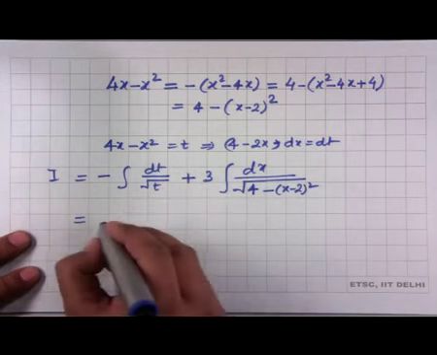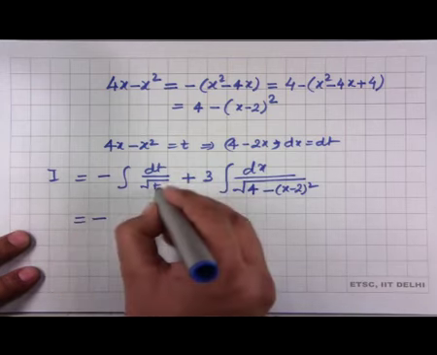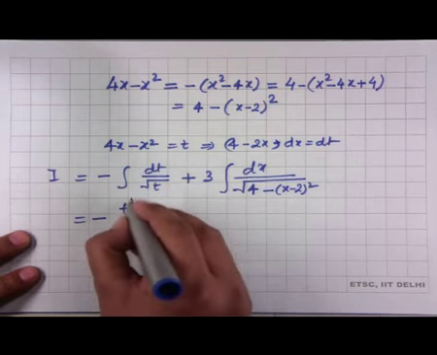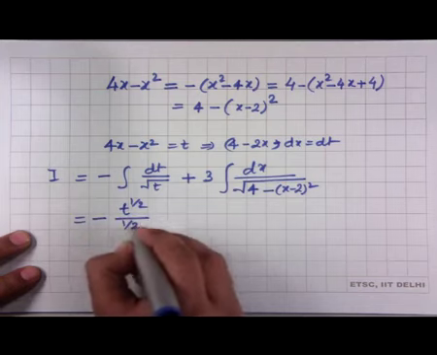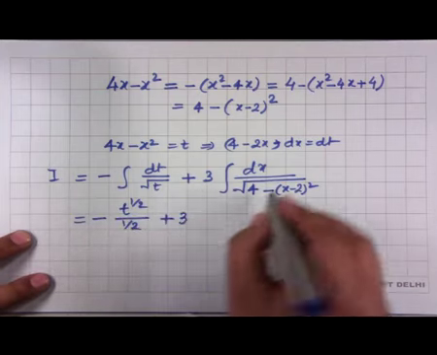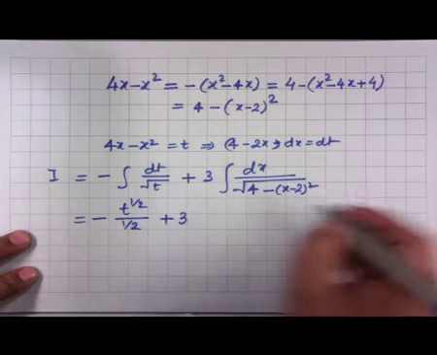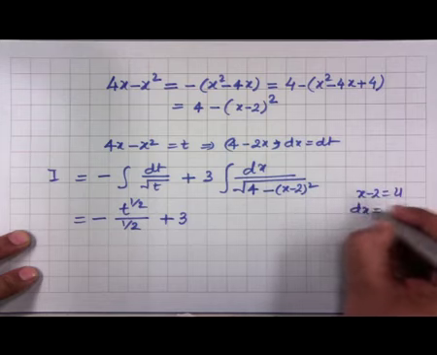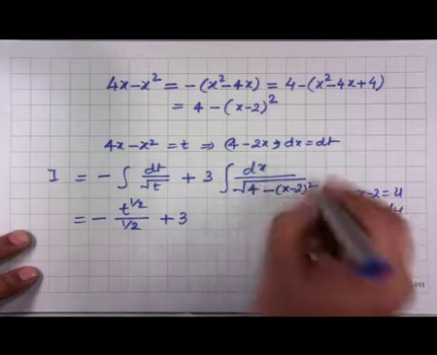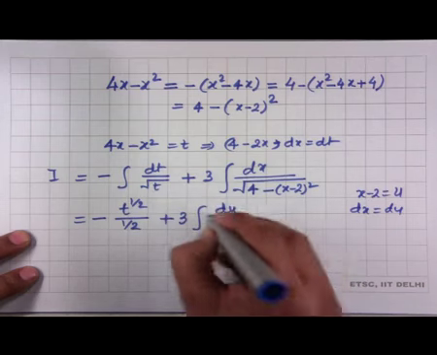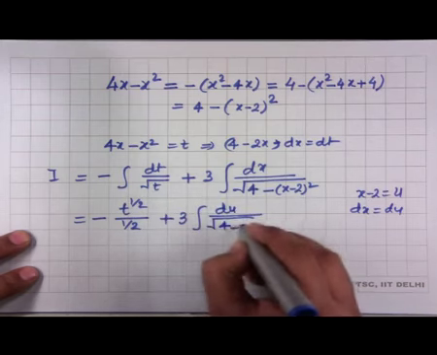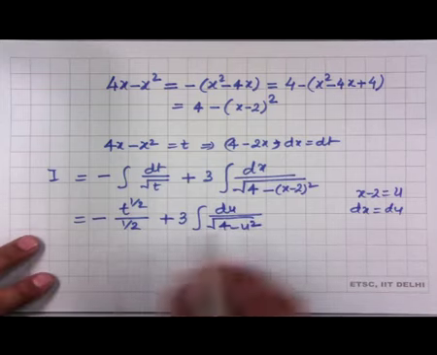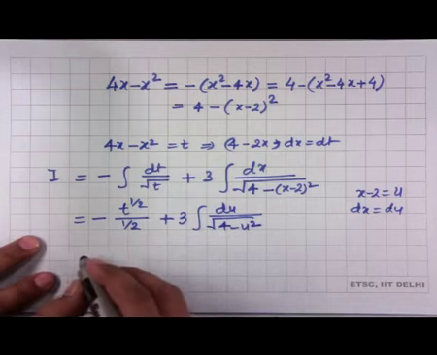This dt by root t can be easily evaluated. It is basically t raised to power minus half, which will give you t raised to power half divided by half. In the other integral, if I put x minus 2 equals u, then dx equals du, so that this integral is converted into the form du over square root of 4 minus u square, which, if you remember the formula, is of the form a square minus u square.